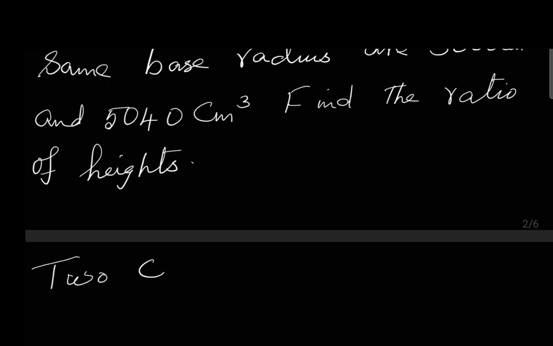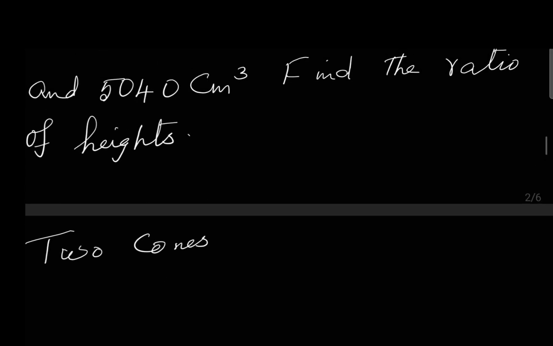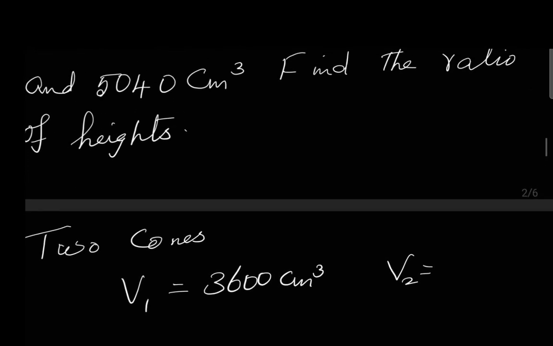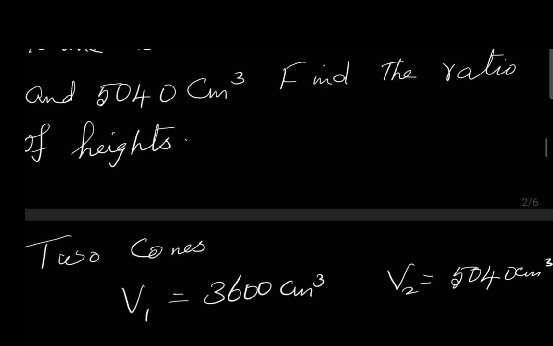The volume of the first cone is V1, which is 3600 centimeter cube. The volume of the second cone is 5040 centimeter cube. See the radius, same base radius.